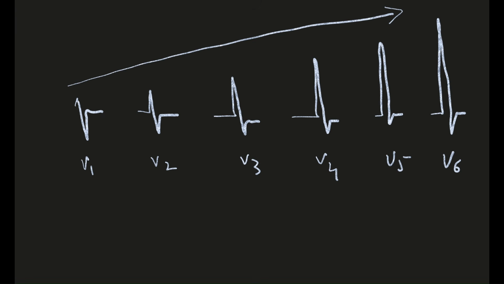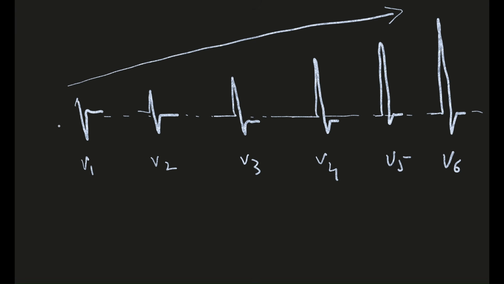With the passage of time, if I draw this baseline from here, this R wave starts progressing upwards if we move from V1 to V6 in a normal ECG.